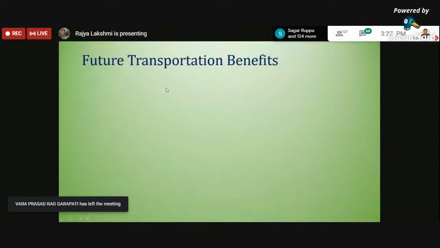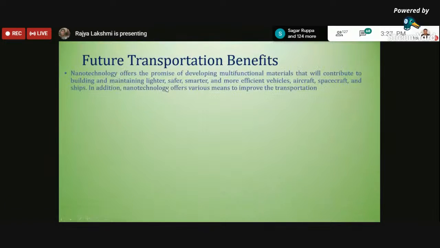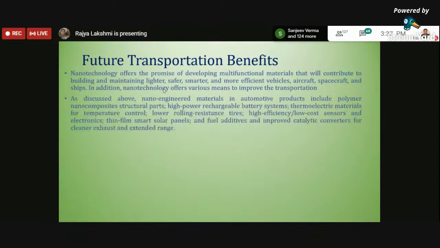Then when it comes to transportation, I have already mentioned, if it is a vehicle, we are mostly bothered about lighter, safer, smarter and more efficient vehicles. Whatever may be the type of vehicle, on road, off road, on the sea or in the air, it should be lighter in weight and safer, smarter and more efficient. How is nanotechnology helping in terms of safety?